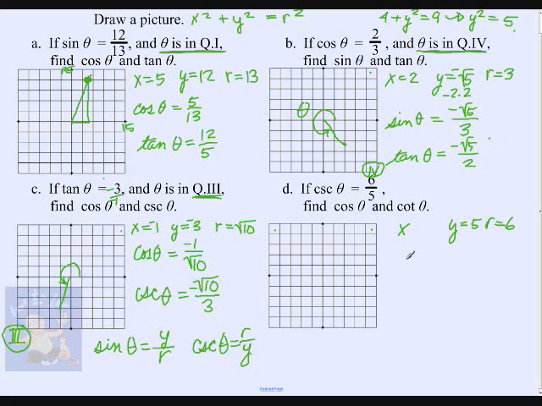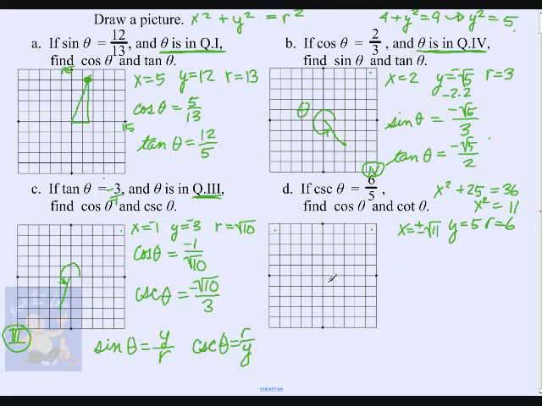Okay. So let's use the Pythagorean theorem. We've got x squared plus 25 equals 36. So x squared equals 11, right? So x is equal to either plus or minus the square root of 11, and we have no way of knowing which.